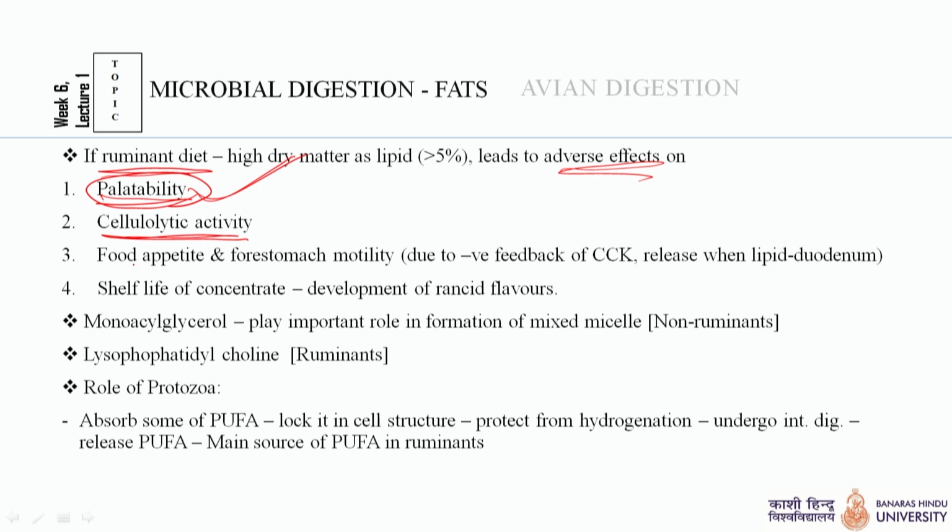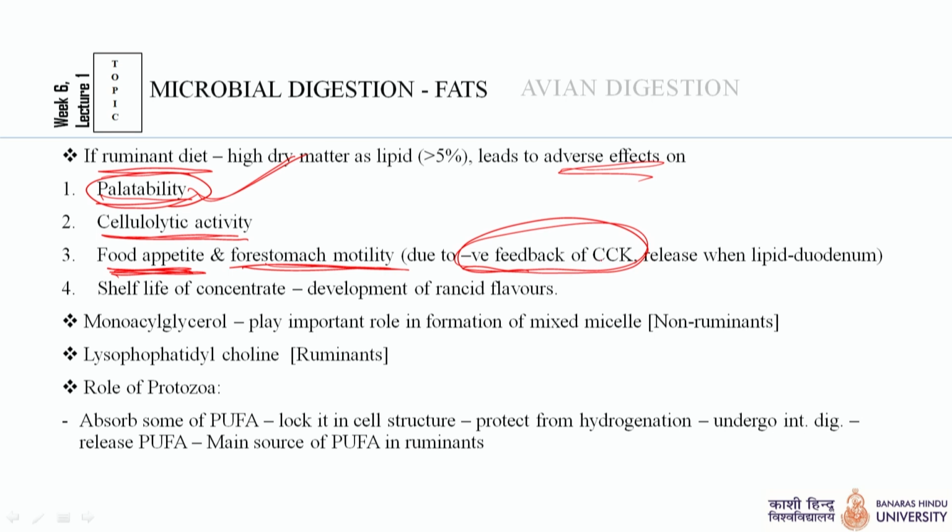Then the food appetite, I will come to the cellulolytic bacteria soon, right? The food appetite also decreases, and then stomach motility decreases. How? Because of the negative feedback mechanism of cholecystokinin. Now, what does this cholecystokinin do?